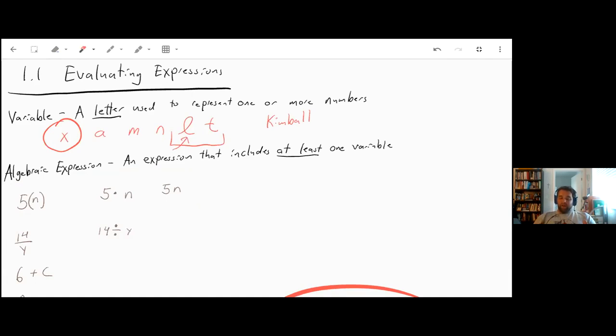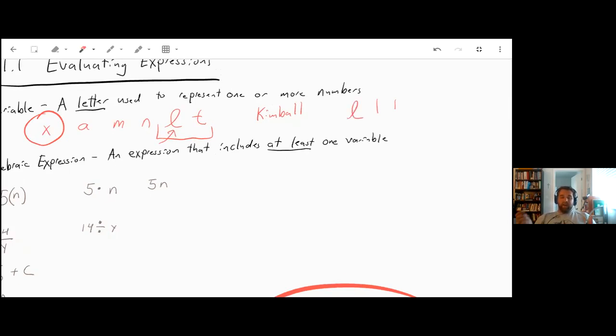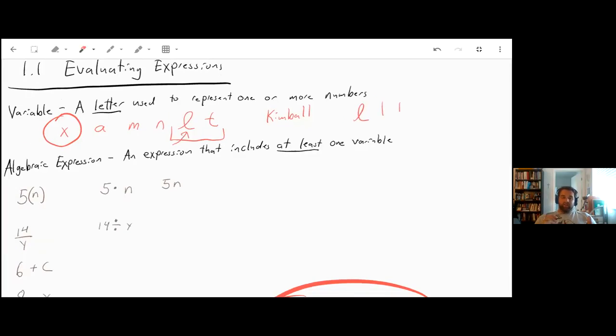Well, because if I am talking about the variable L and the number 1, it's really hard to tell the difference between those two straight lines as to which is which. So if I'm ever talking about a variable or something that just needs to be the letter L, I will always use the cursive L to represent that.